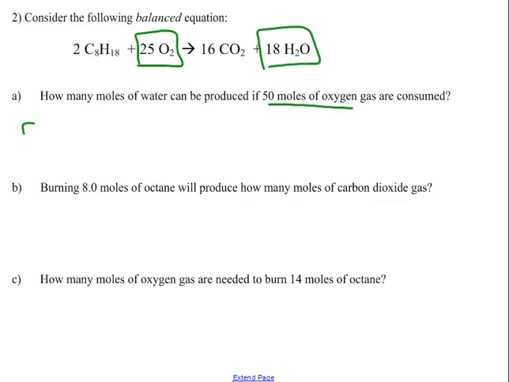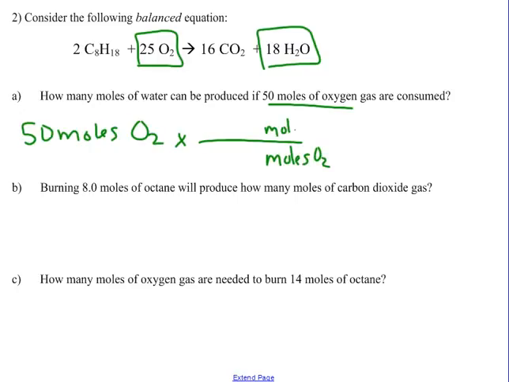So I'm going to start with the number given, 50 moles of oxygen gas. I'm going to put moles of O2 on the bottom because that's what I'm trying to cancel, and moles of water on the top because that's what I'm trying to find from the balanced equation. 18 moles of water, 25 moles of oxygen.